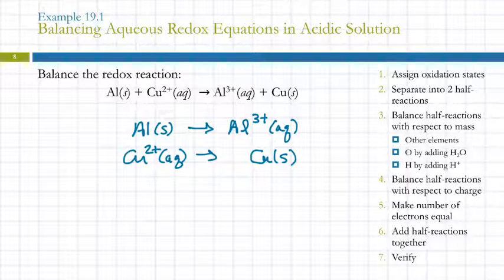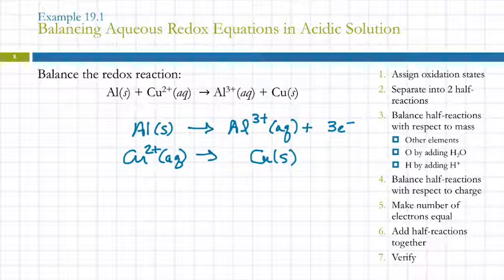So the next step is balance with respect to charge. In this top reaction, I've got 0 charge on the left and +3 charge on the right. I'm going to add electrons that have negative charges to the right side or the left side, whichever I need, to get the charges equal on each side. So if this is +3, if I add 3 electrons over here, the 3 electrons and the +3 charges will add up to 0, which is what I have over there.